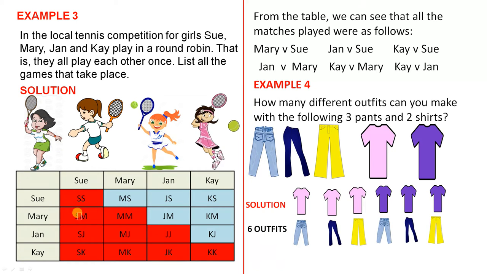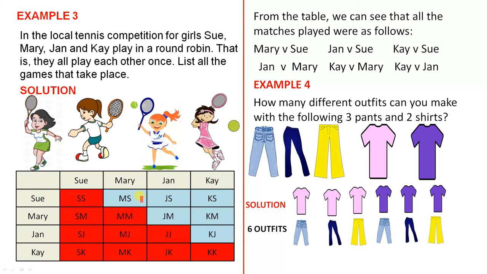The reason I've got SM coloured red is because that's the same as MS. So Sue playing Mary is the same as Mary playing Sue. So that's why I've crossed that one out. And it's the same with all the other ones that are crossed out in red.